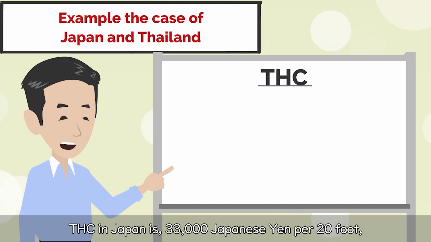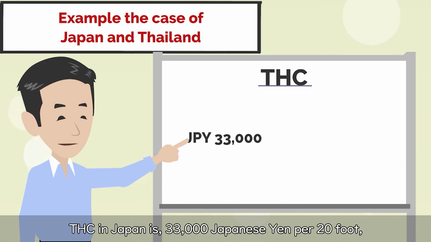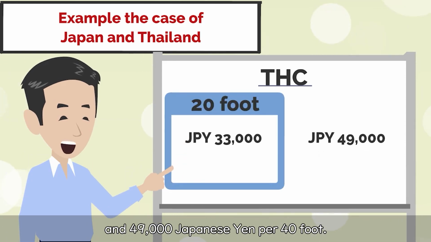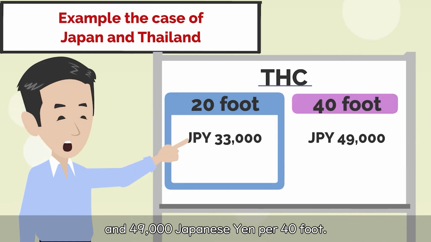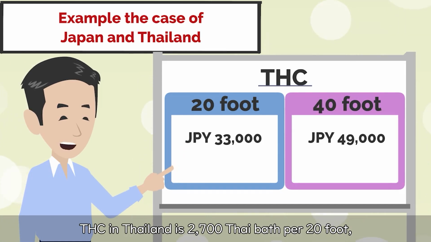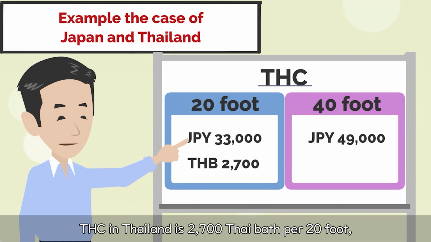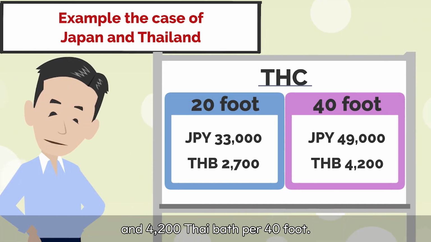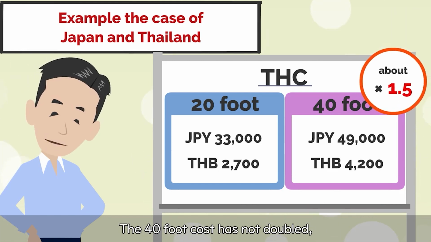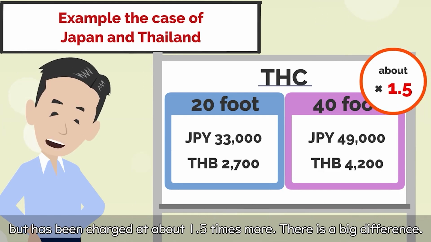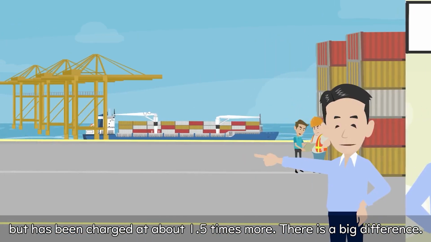THC in Japan is 33,000 Japanese yen per 20 foot, and 49,000 Japanese yen per 40 foot. THC in Thailand is 2,700 Thai baht per 20 foot, and 4,200 Thai baht per 40 foot. The 40-foot cost has not doubled, but has been charged at about 1.5 times more. There is a big difference.